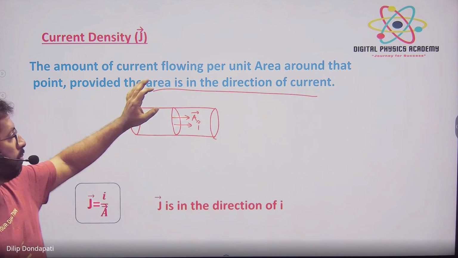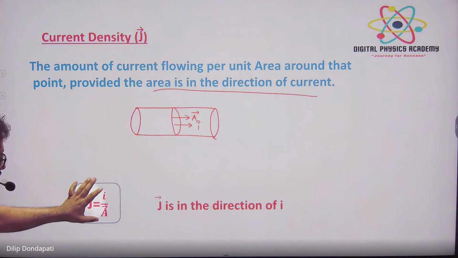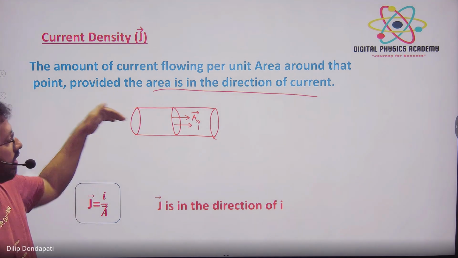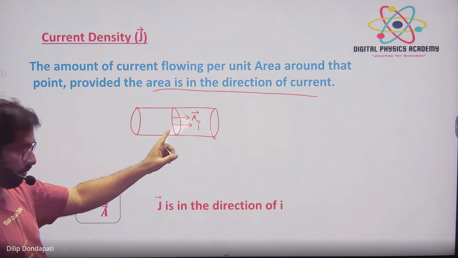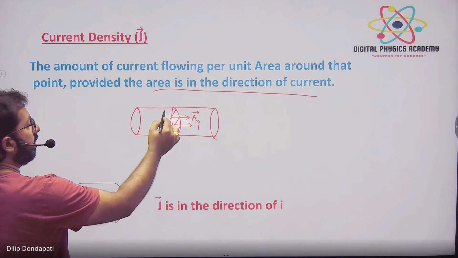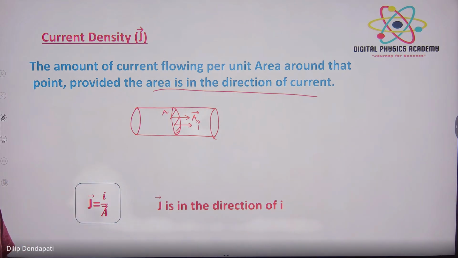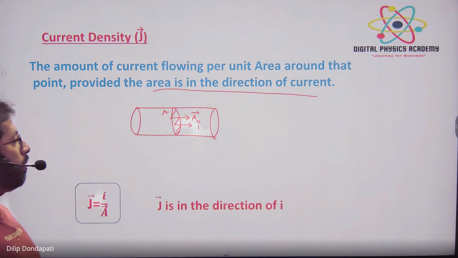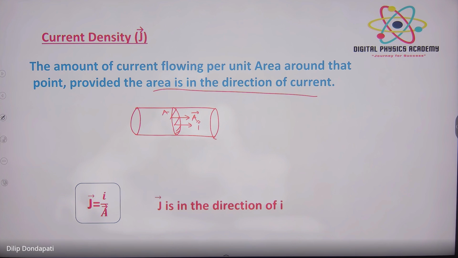Always, that is the important thing. This definition holds true only when the area vector is in the direction of current. Then only this definition is true. Current per unit area is called current density.